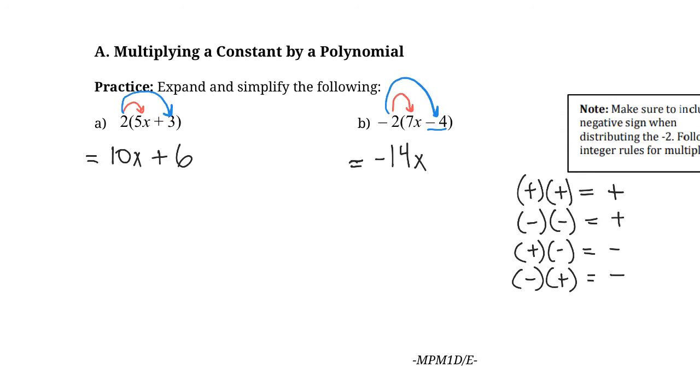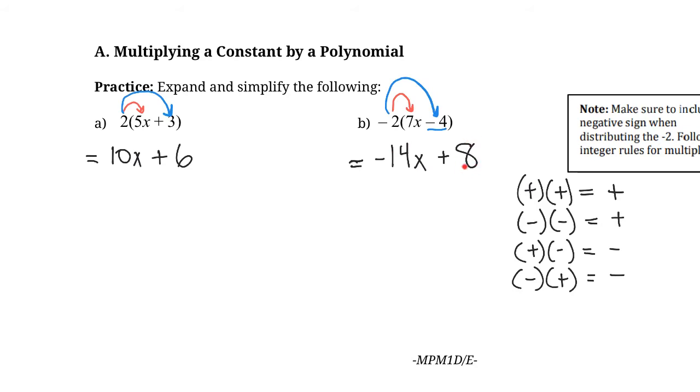So in our situation, we have -2 multiplied by -4. Two negatives make a positive, so -2 times -4 is actually +8. So our final answer is -14x plus 8. Are these like terms? Can we add these two things together? Again, the answer is no. This is a term with an x.